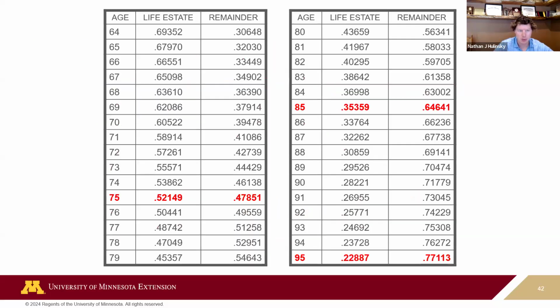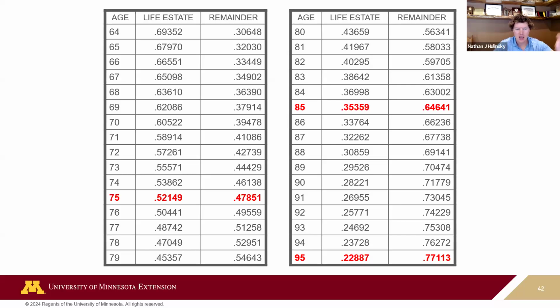And here's the table. Again, the age that's determined is the life estate individual's age. So if you start this at age 64, you will own roughly 69%, and the remainder, so your kids or family or whoever that remainder is, will own the other 31%.